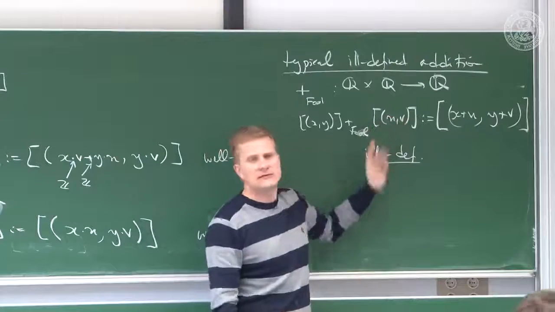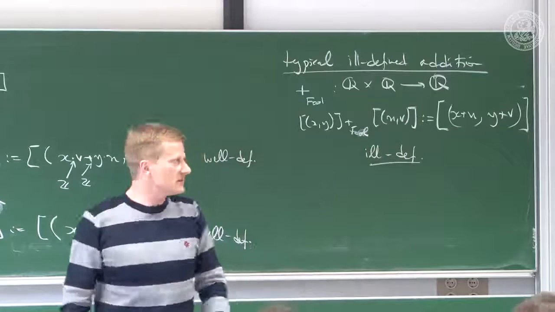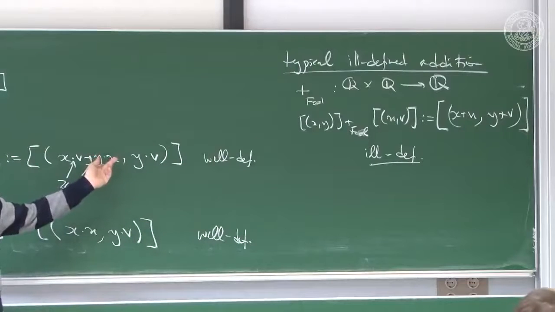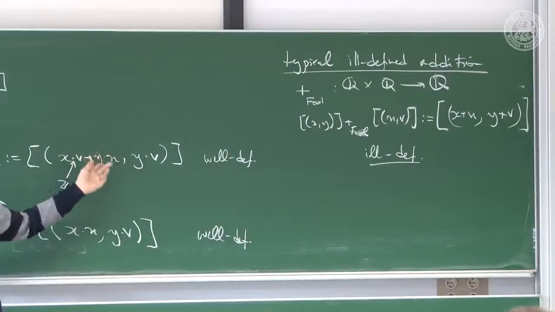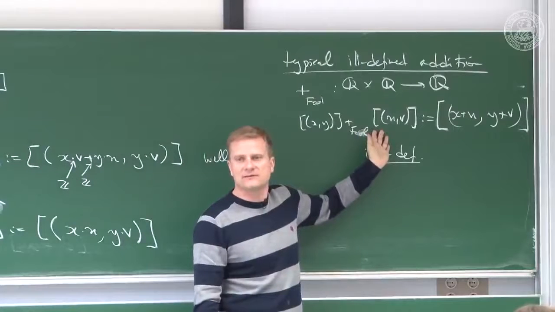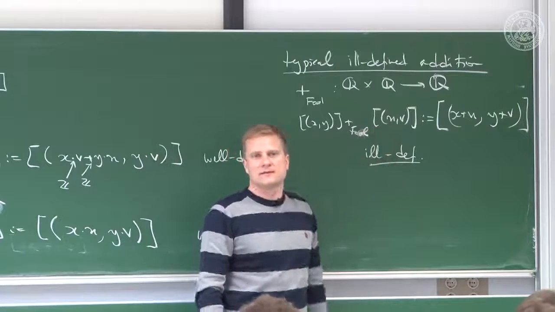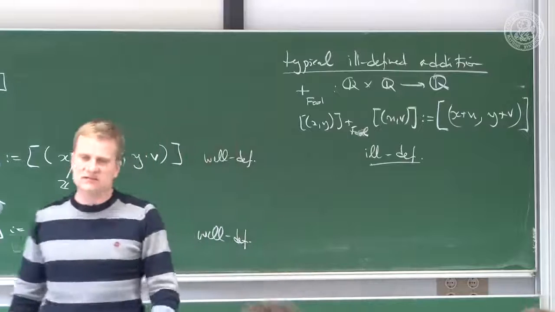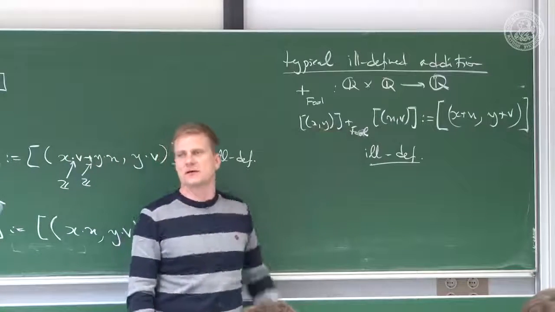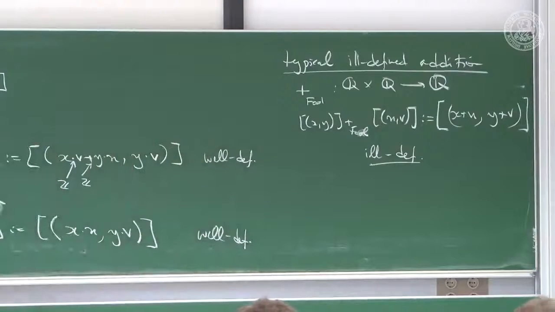So this is the reason why we insist on using this complicated rule for addition of fractions. It's not because that corresponds more to our intuition about cakes and dividing cakes. It's because this here is simply ill-defined. There are always attempts to simplify the school curriculum, but this will never come up. It's simply ill-defined.